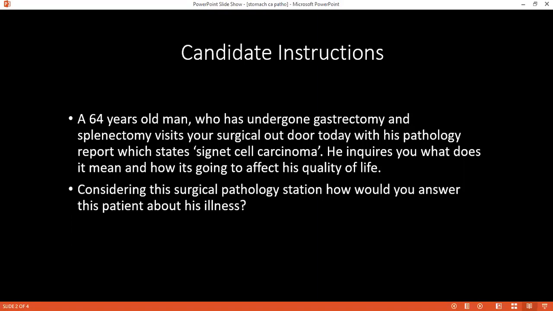Okay. Can you please tell me what are the types of gastric carcinoma that you are aware of? So there are 3 classifications: WHO, Lauren and Borrmann classifications. According to WHO classification, there is papillary adenocarcinoma, tubular adenocarcinoma, mucinous adenocarcinoma, mixed adenocarcinoma.